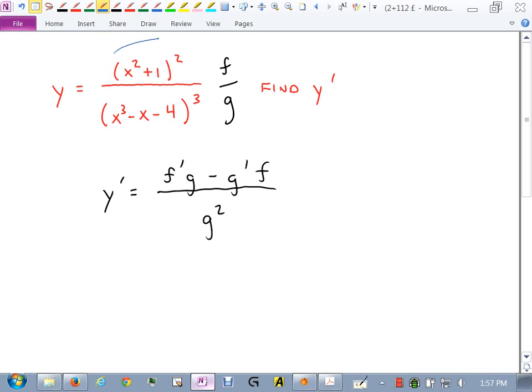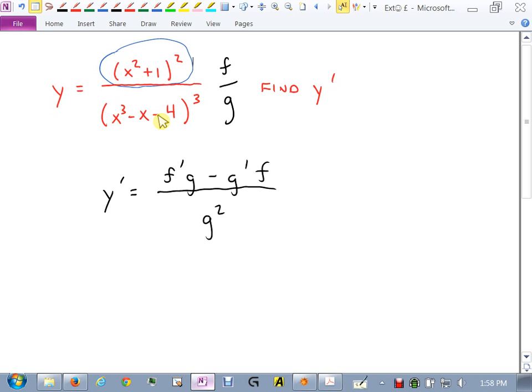If I just wrote this problem down by itself, you would do chain rule, right? Well, in the quotient rule, we have to find the derivative of that top by itself. And then within the quotient rule, we have to do the derivative of the bottom by itself.